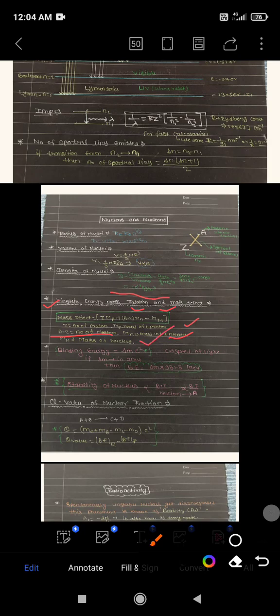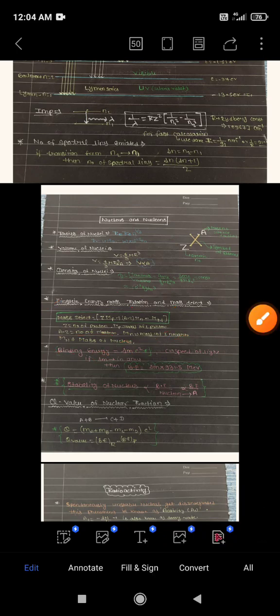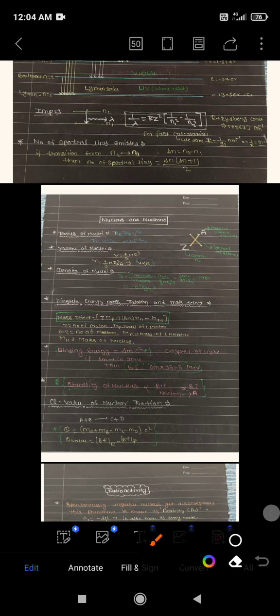Okay, and formula of binding energy is delta m into c square, where delta m is mass defect. If unit of delta m is coming in u, then binding energy is delta m into 931.5 mega electron volt. Okay, and stability of nucleus is directly proportional to the binding energy per nucleon.